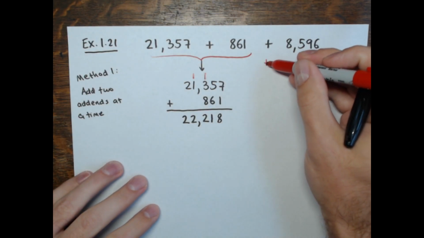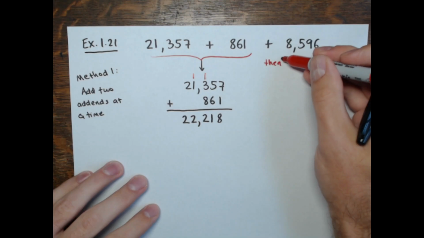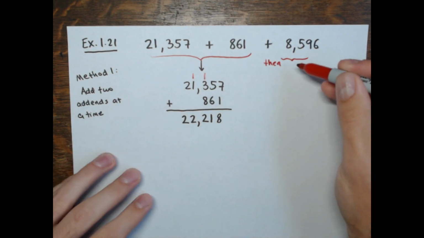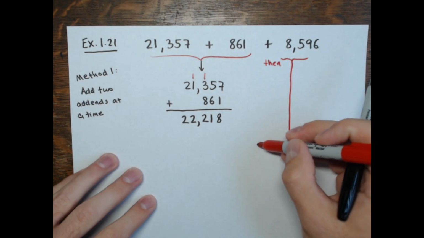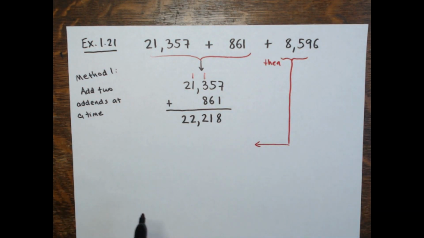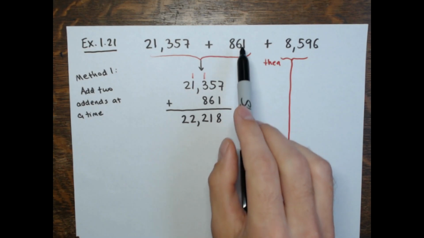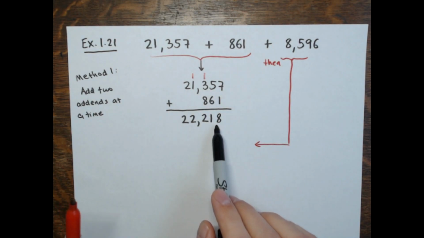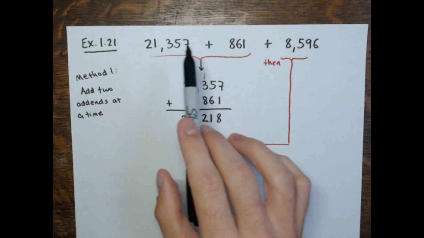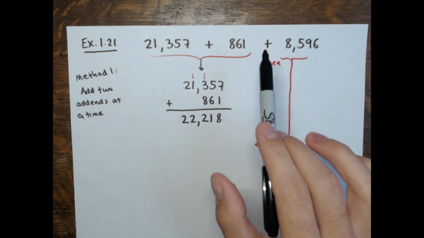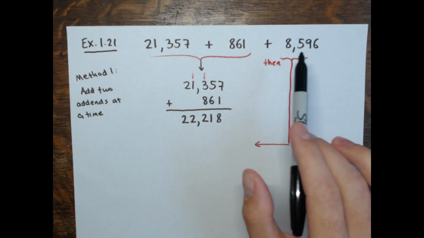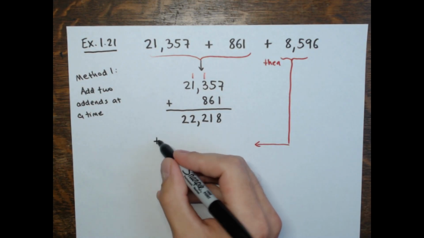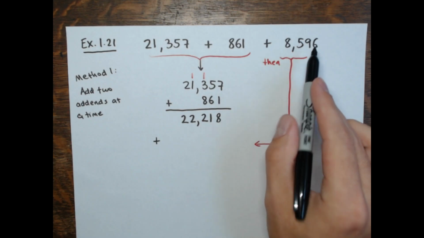And then we can add the next addend, right? What you'll see people doing is just stack it on. I added these first 2, got 22,218. So now we have 22,218 plus the next addend, which is 8,596.